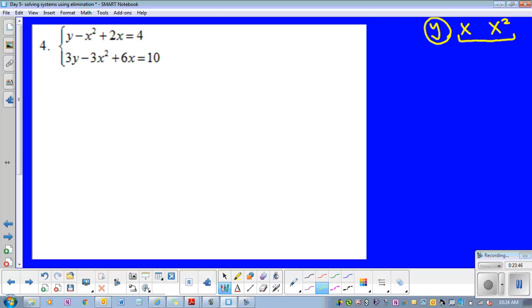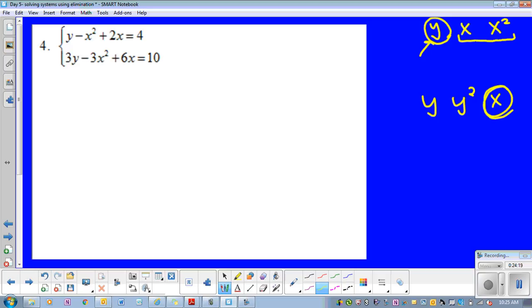So those two are related. The one that is not like the other ones is the y. So if you get a situation where you have an x, x squared, and a y, you gotta fix your y. But if you had y, y squared, and an x, then which one do you need to fix up here? The x. Does that make sense? Yeah?